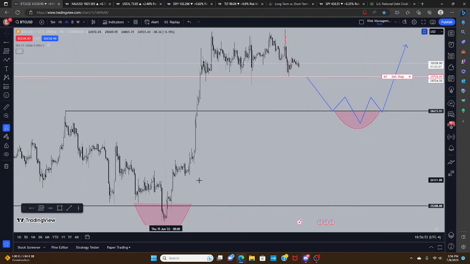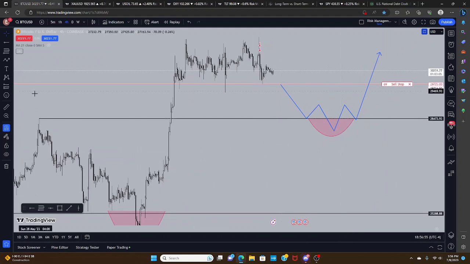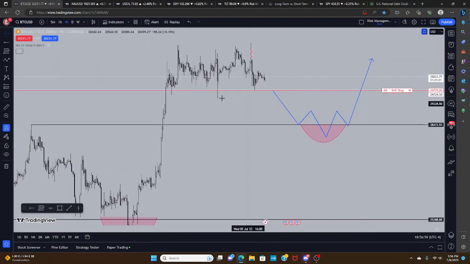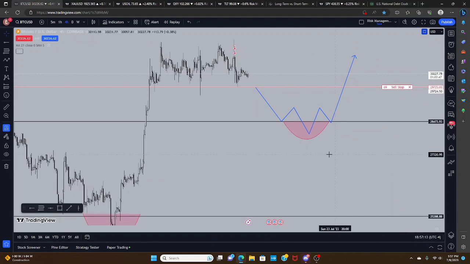It's not clear how far price would come into these highs. You might get something like this where price rallies off it, bounces off it, comes back, and then creates a set of local lows here, swipes those local lows, and then runs back above, does some type of pattern like that. Doesn't really matter how that plays out.